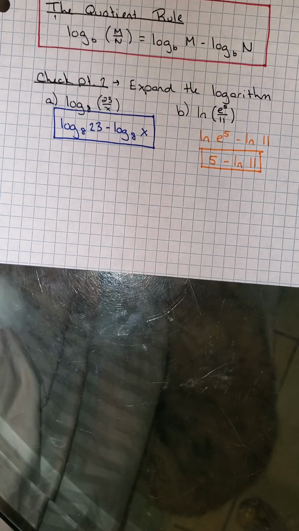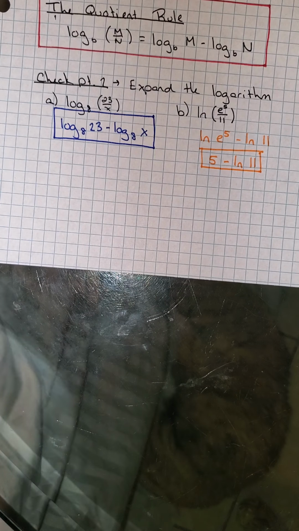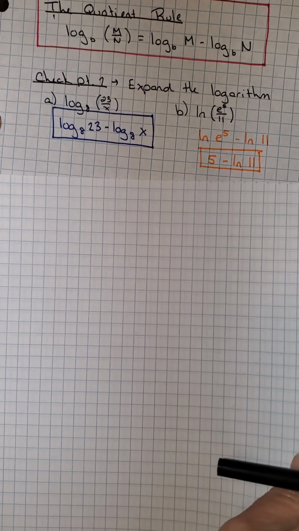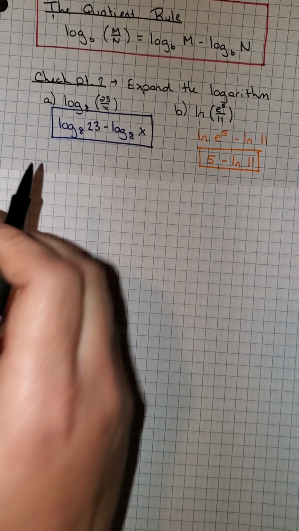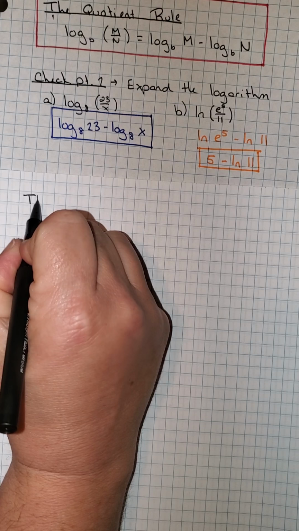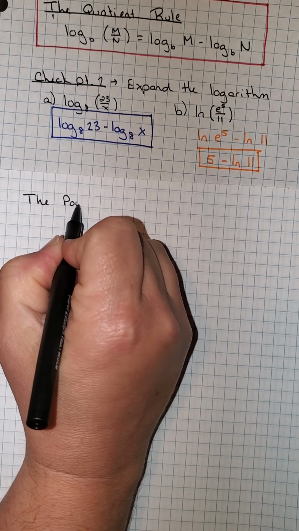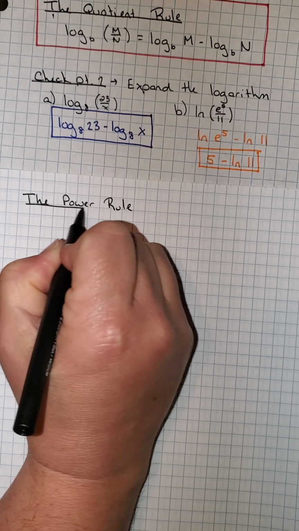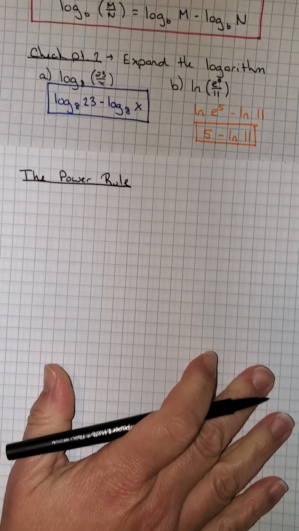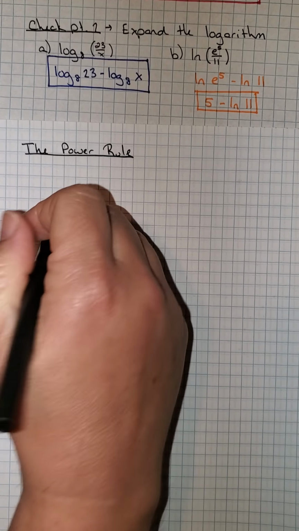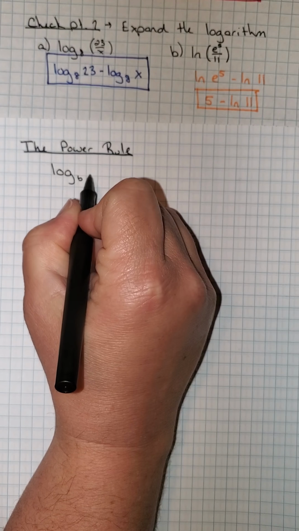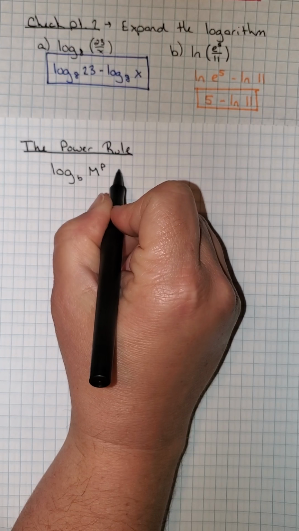All right, and then the last one that goes with those two is the power rule. And the power rule is when you have something to an exponent. So let's say you have log base b of m to the p.